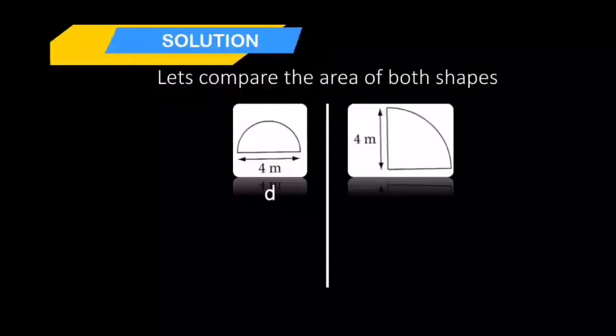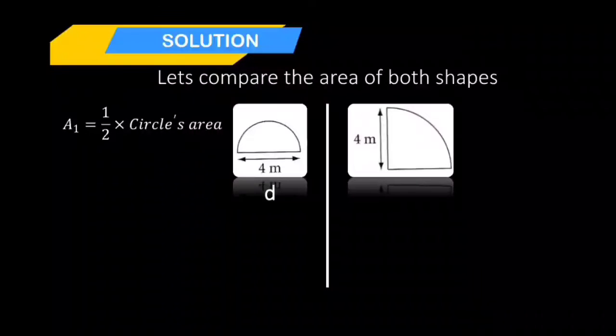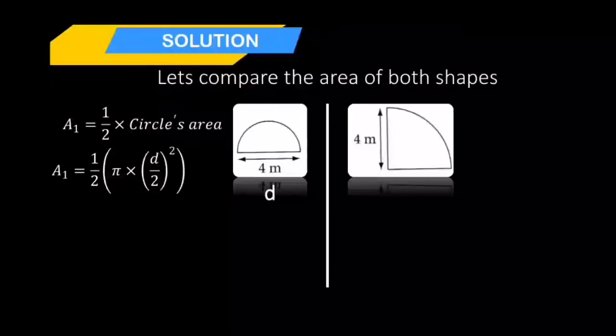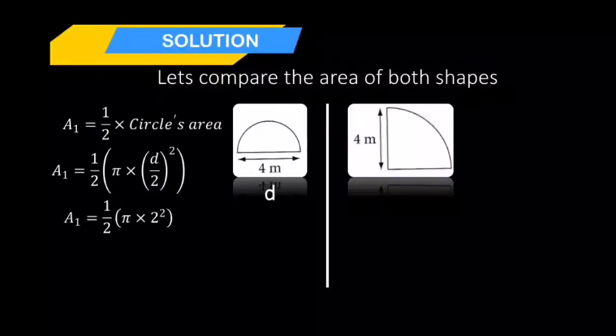In the first circle, the diameter is 4 meters. So to determine the area of the first shape, we take a half times the circle's area. The first area is a half times π times D over 2 squared.